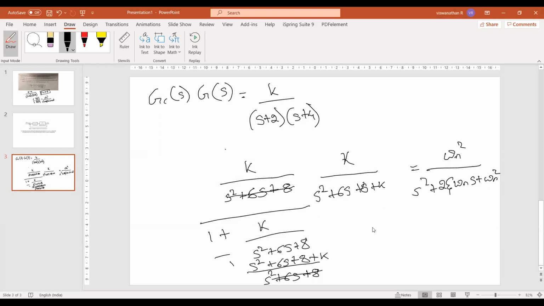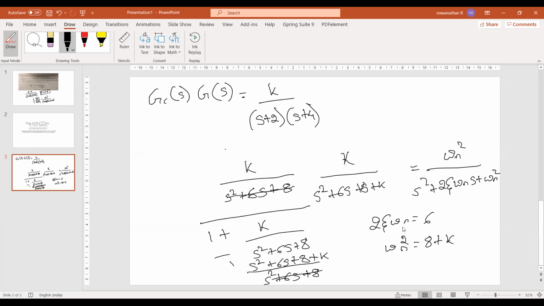Now if you compare these things, 2 zeta omega n is equal to what? 6. Okay, s term. Then omega n square is equal to 8 plus k. Is it fine?